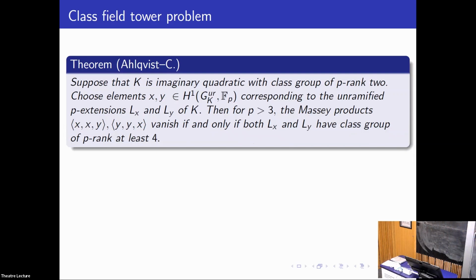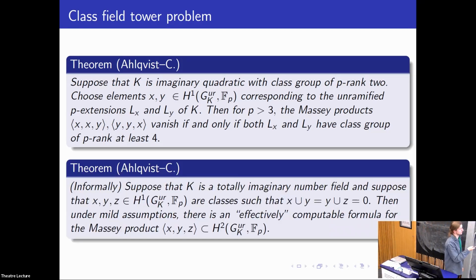These x and y correspond to unramified p-extensions L_x and L_y of K. And you can show that for p greater than 3, the Massey products xxy and yyx vanish if and only if both L_x and L_y have class group of p-rank at least 4. So somehow the vanishing of these Massey products is encoded in the rank of certain unramified p-extensions of K.